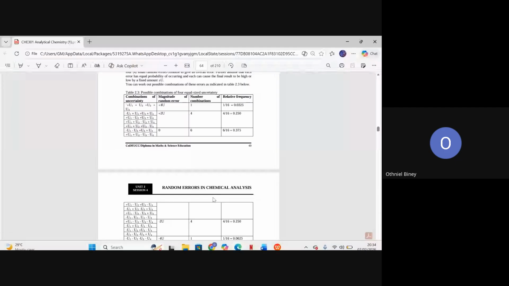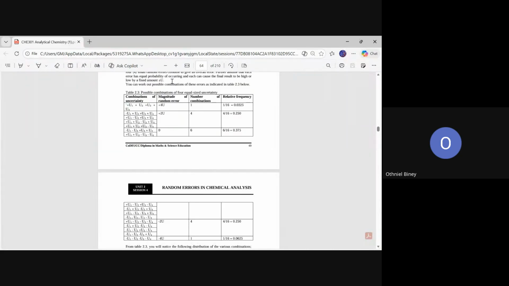As I said when we began, the 16 here is just based on the combinations of uncertainty. And the combinations of uncertainty, from the little I've said, is just based on the signs, which is the plus or minus, as maybe we read from what Auntie Anita said.